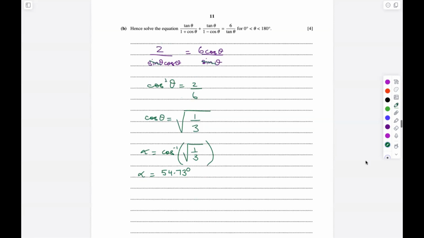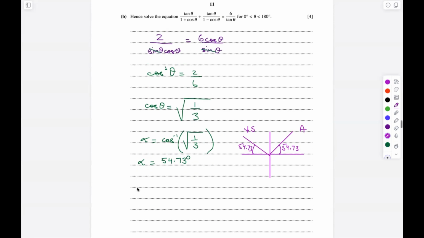Now, as it can be positive and negative both, and our values of theta have to be from 0 to 180, this is the first quadrant, this is the second quadrant. Due to the square root sign, we'll be making 54.73 in the first quadrant as well as the negative cos in the second quadrant.